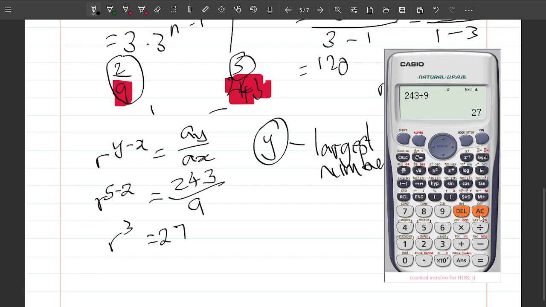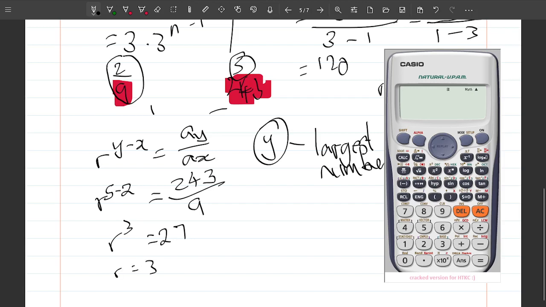I know I've done this calculation before, but for the sake of simplicity, we're going to get 3. So the cube root of 27 is 3. We get an R of 3.